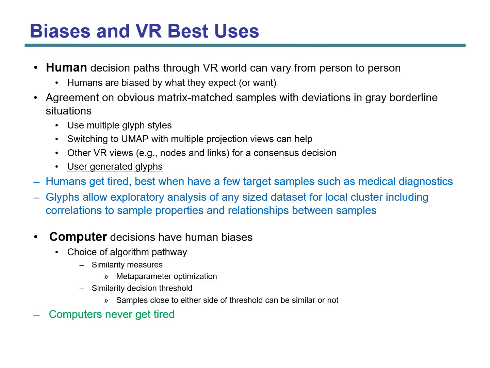Nice thing about computers, though, is they never get tired. They can just go 24/7. So if you have 1,000 samples to predict the analyte amount of, then a computer is just going to keep rolling. Where with virtual reality, you're going to be bottlenecked by the number of samples in terms of turning over useful results.